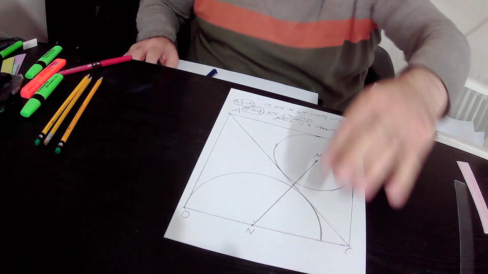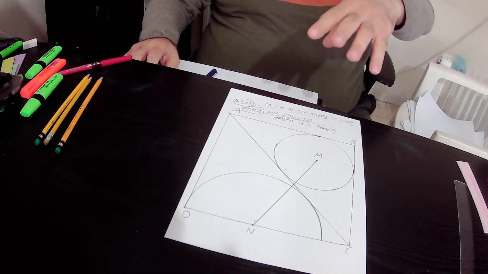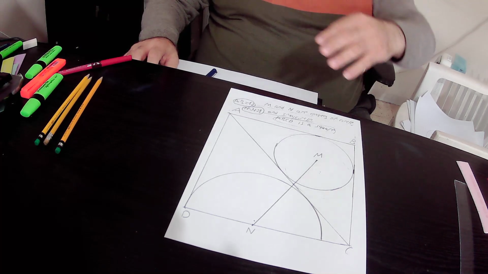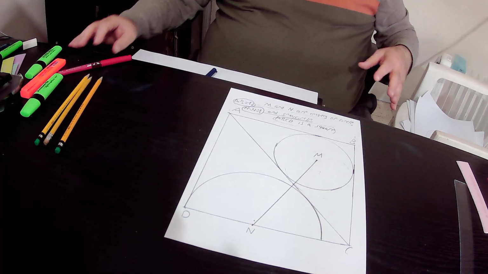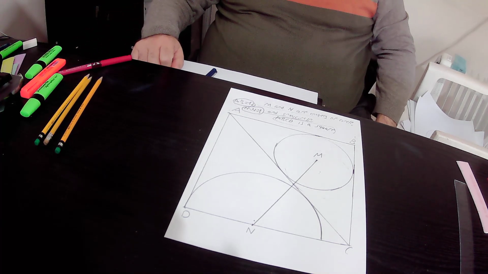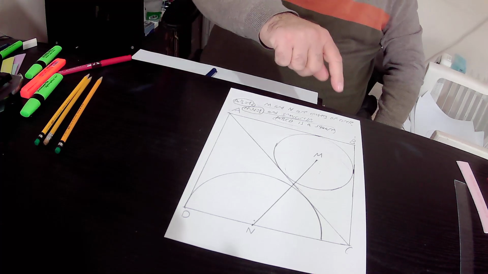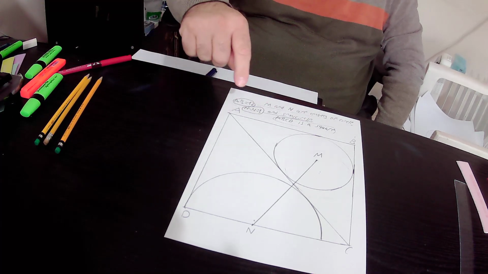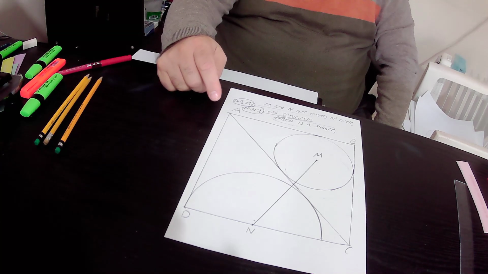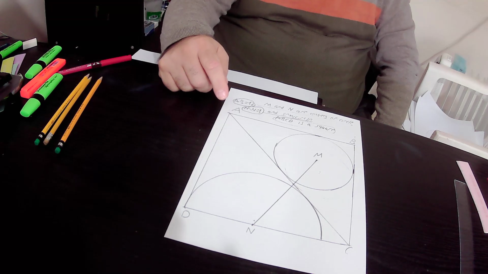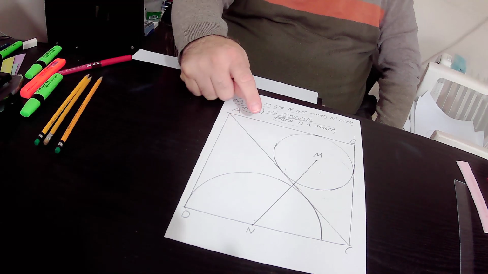Hello, in this lecture we will find out the value of line segment MN. In the drawing we have square ABCD. We know that one side of square ABCD is equal to 12 units, that is to say AB equals BC equals CD equals DA equals 12 units, and inside the square we have a semicircle and a circle.